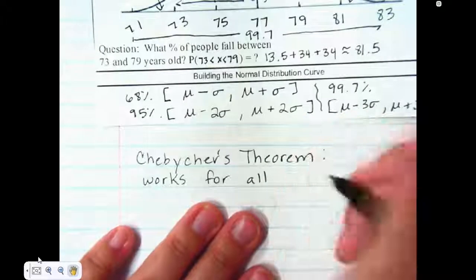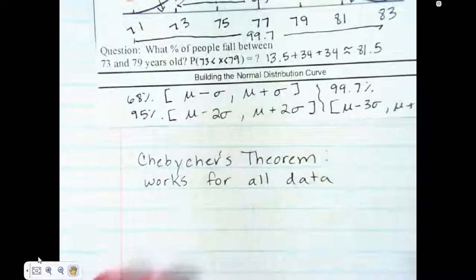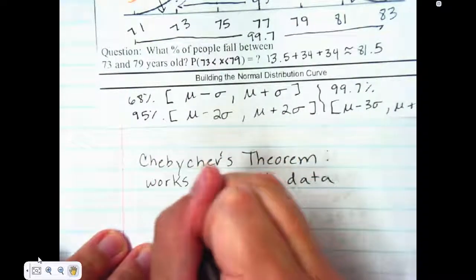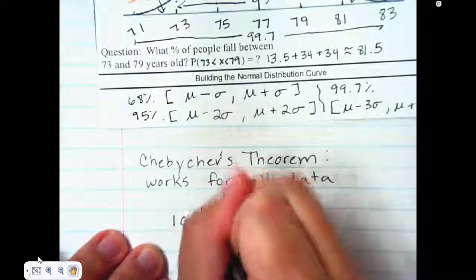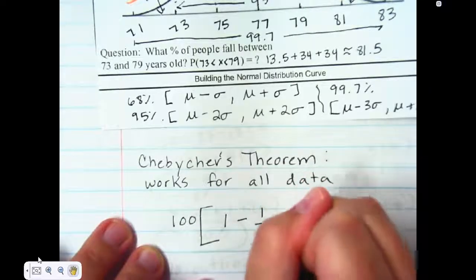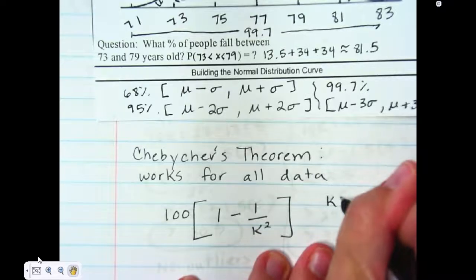If nothing's known about the data, you would use Chebychev's theorem. This is the formula right here. Take 100 times 1 minus 1 over k squared, where k is the number of standard deviations.